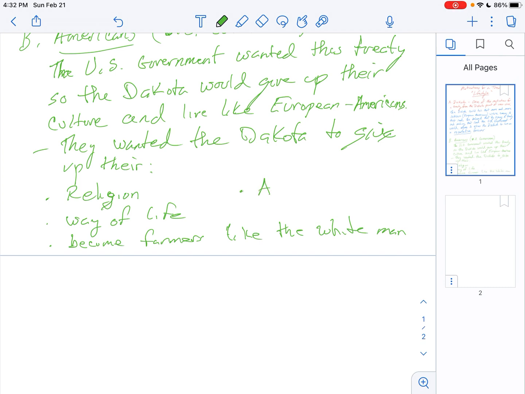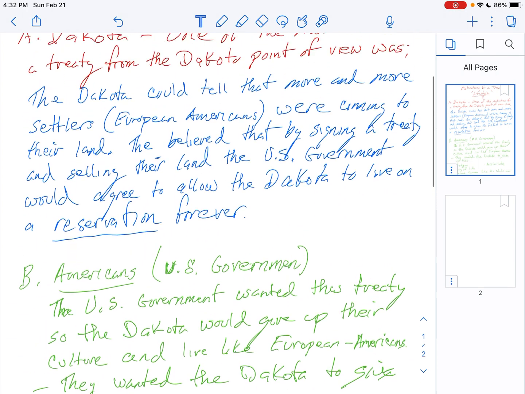So they wanted the Dakota to assimilate. What does assimilate mean? Well, it's one of our vocabulary words. It's where you basically are forced to live like the people who are around you. Okay? So that was a reason why the United States government wanted the treaty.